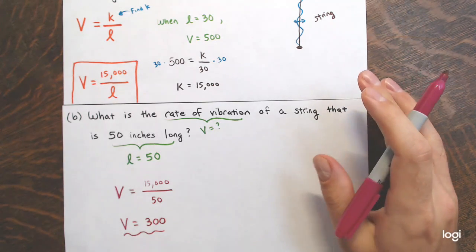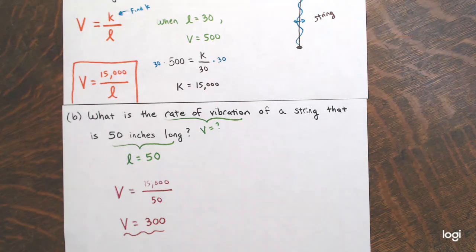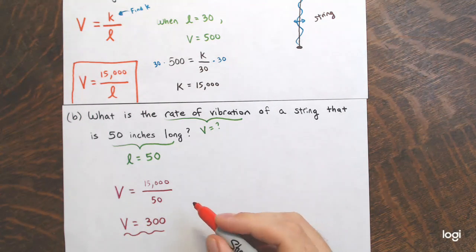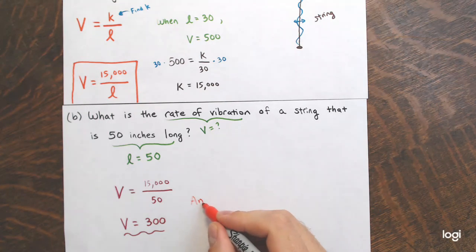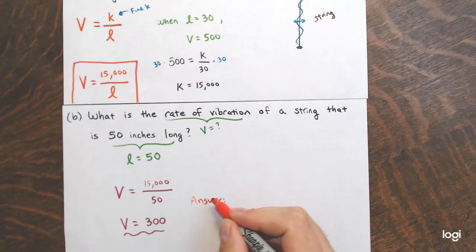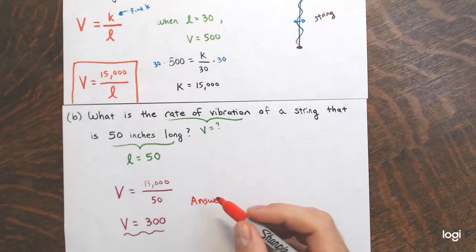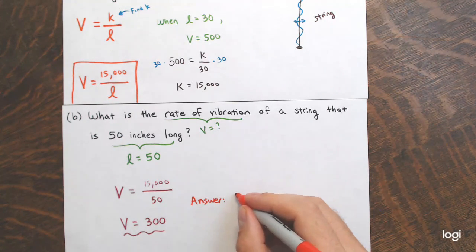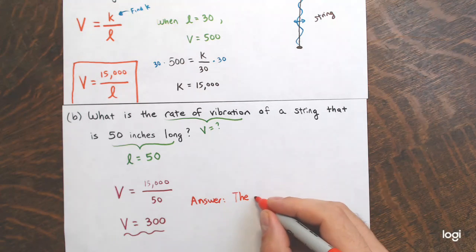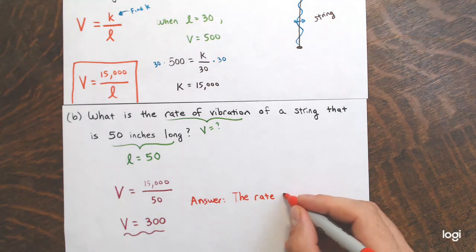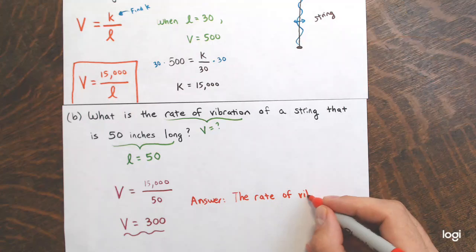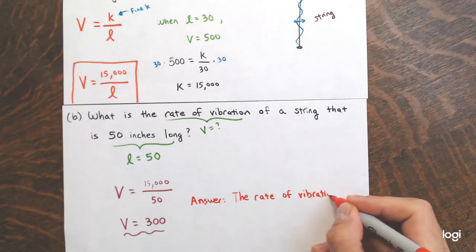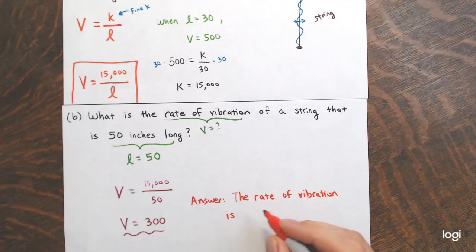But again, it doesn't mean anything until I throw units on it. So the way I'm going to write the answer to this question, off to the side here, is again with a nice complete sentence. So what is the rate of vibration of a string that is 50 inches long? The rate of vibration is, and then what was the rate of vibration?